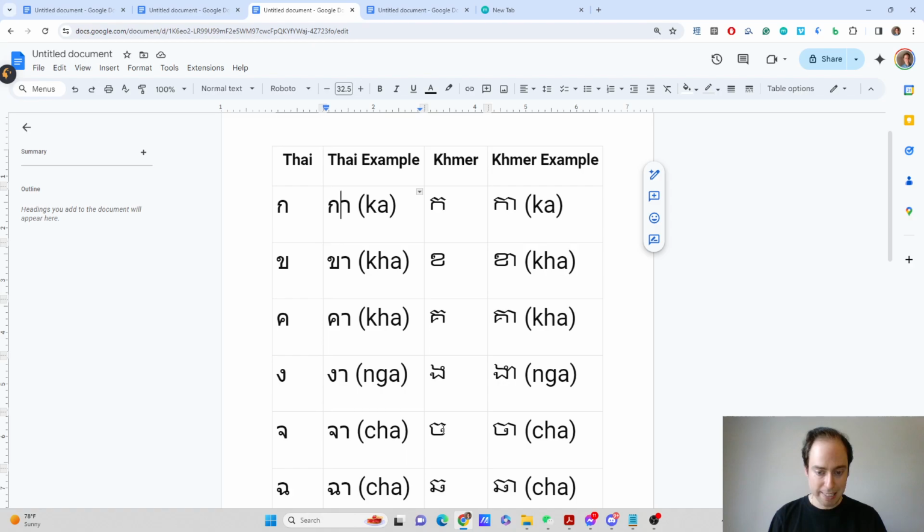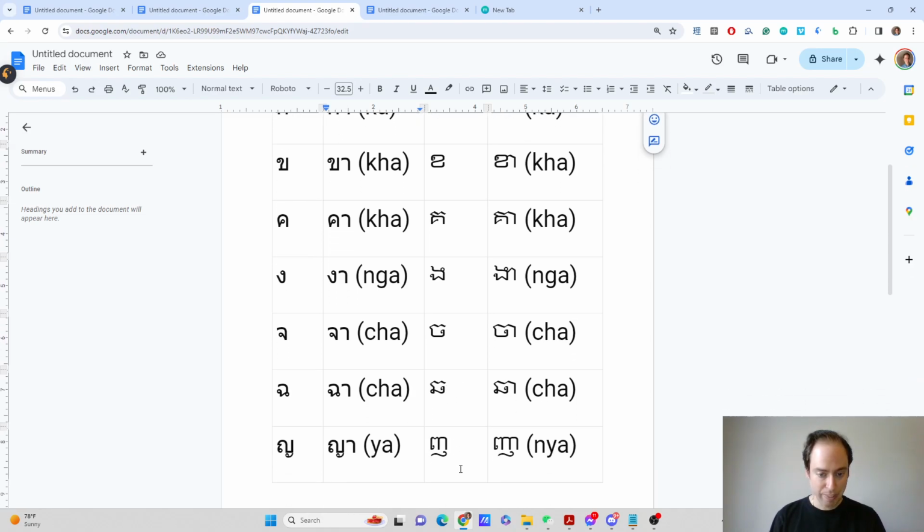Whereas Khmer has the same thing, but it goes down and to the left and up. They both have this circle and they go down around, but this one in Thai goes down to the right and to the left, and this one in Khmer goes down and to the left. Like you can see here with Cha, they both have these two circles, but Thai goes left to right, up and around. Khmer goes right to left, up, and then into the wavy line.